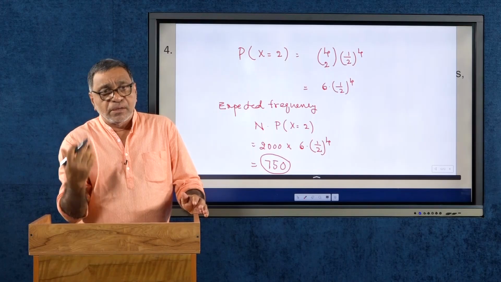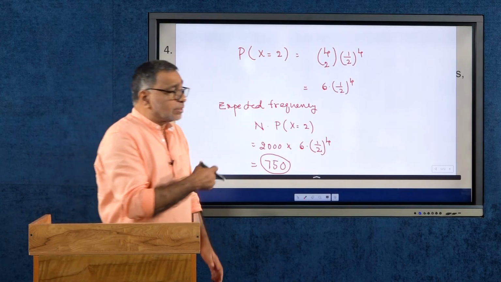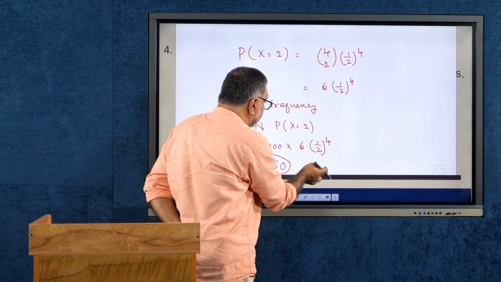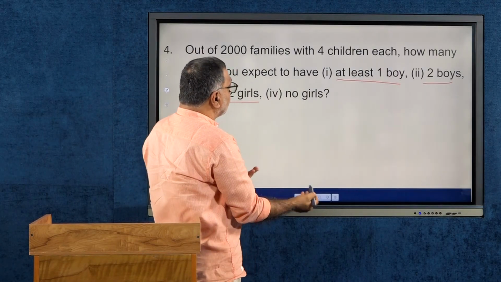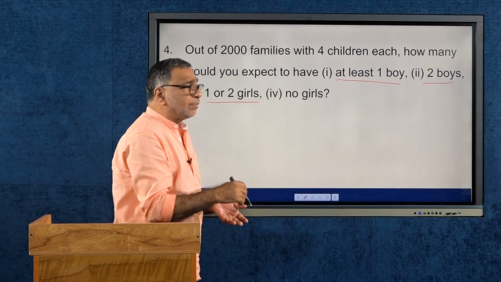Similarly, you find the expected frequency of the third event, which is 1 or 2 boys. You find the corresponding probability values and multiply with 2000.